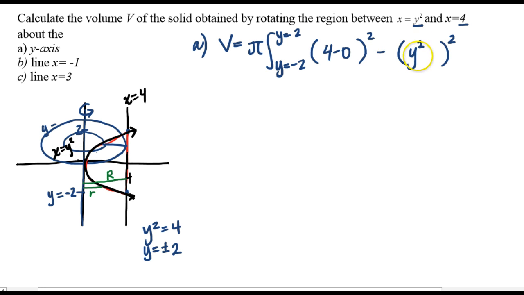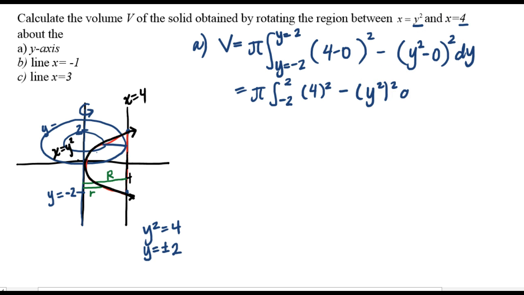My function's already in terms of y, so it matches the variable of the limit of integration, minus 0 dy. And so, of course, we didn't need to write out the 0, so now it's just pi the integral of. Now that we've assured ourselves everything is in terms of y, there's no need to write out the y equals again. So this is 4 squared, or really 16, and then y squared squared, which, of course, is y to the 4th.